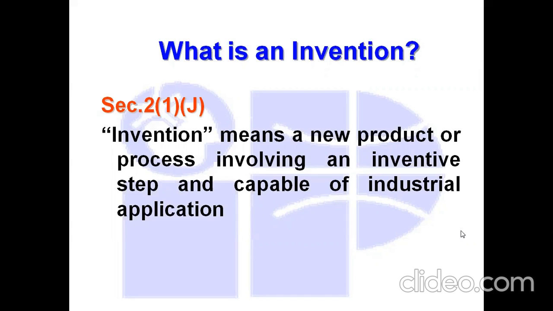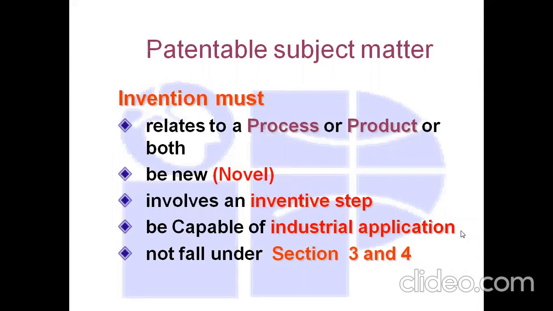Patentable subject matter: the invention must relate to a process or product or both, be novel, involve an inventive step, be capable of industrial or societal application, and not fall under sections 3 and 4.